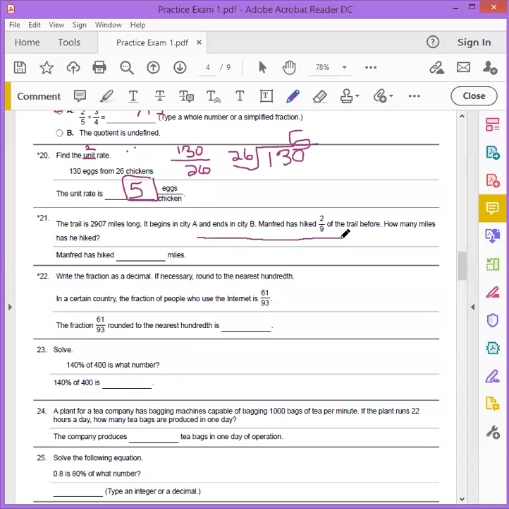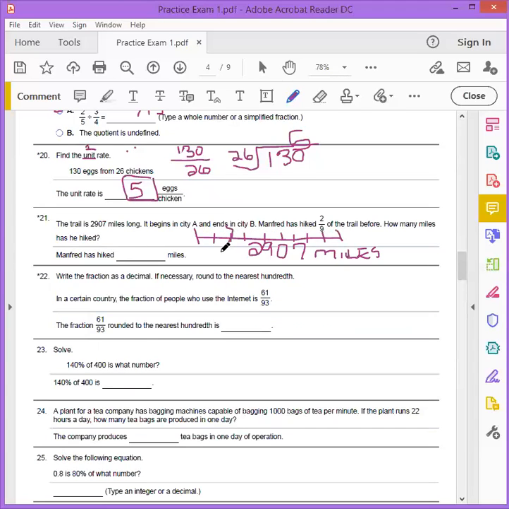So if the total trail is 2,907 miles, and Manfred has already hiked 2/9 of that trail, let's say we divided this up into ninths: 1/9, 2/9, 3/9, 4/9, 5/9, 6, 7, 8, and then 9/9 would be the whole distance.